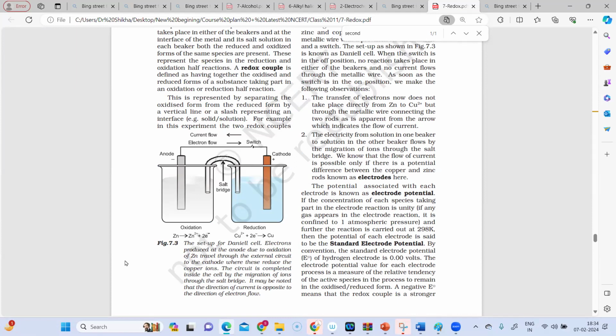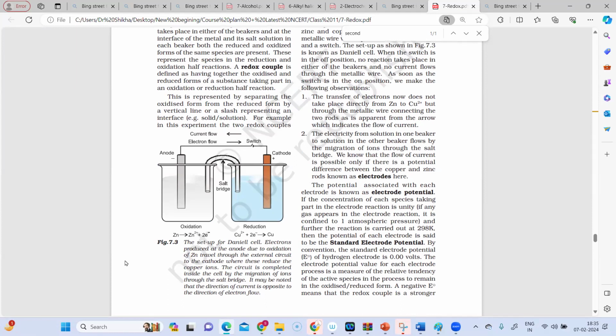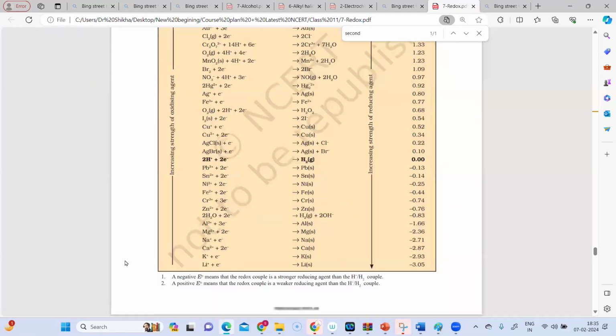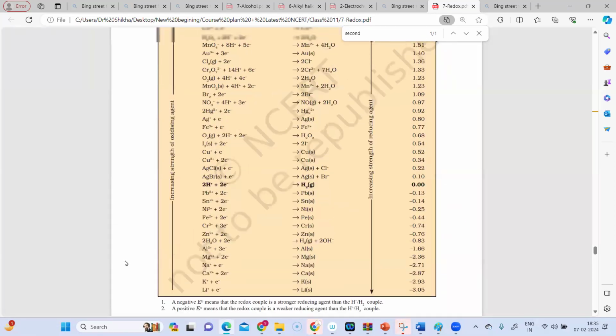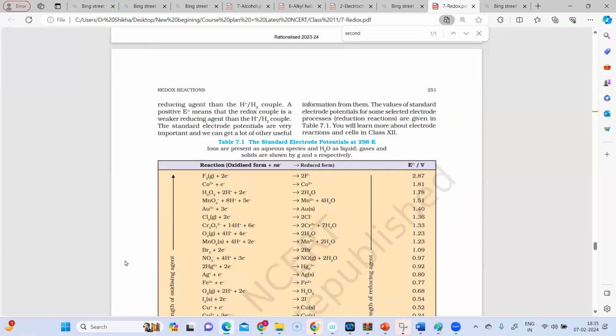Standard electrode potential means that when the solution concentration is 1 molar, then we call it a standard electrode potential. That's it. And after that, they have just given us a series. You will learn more about the electrode in class 12th, so I've just left it open-ended at this point.